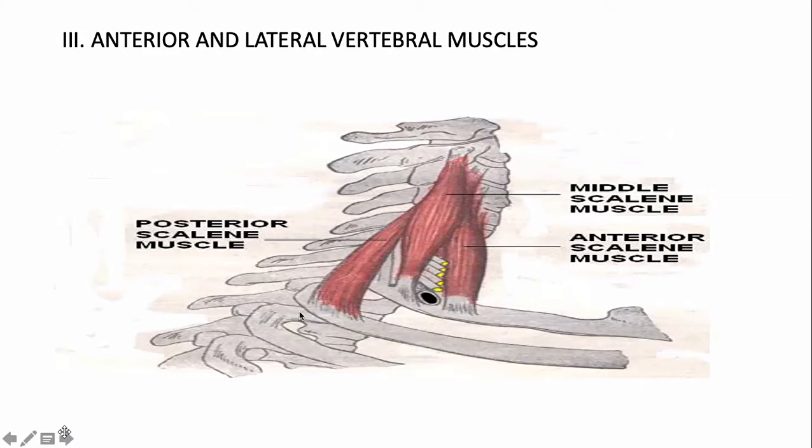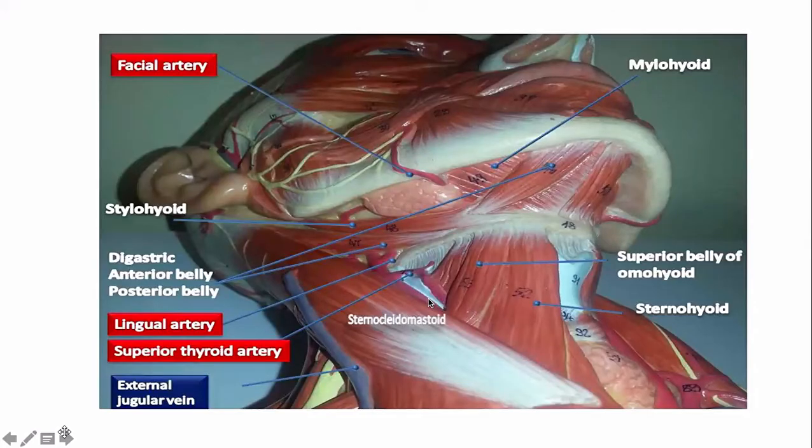On the anterior part of the scalene muscle the phrenic nerve is located, and also posterolateral to it is the brachial plexus. This is the brachial plexus. This is the subclavian artery. These are the different groups of muscles found in the neck.